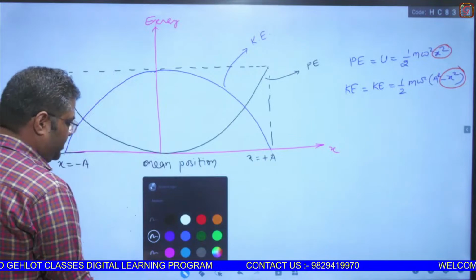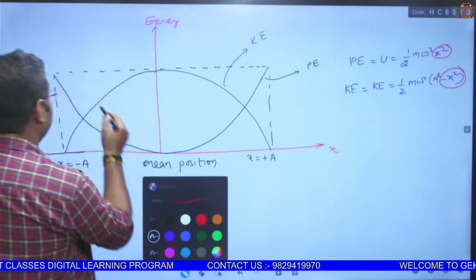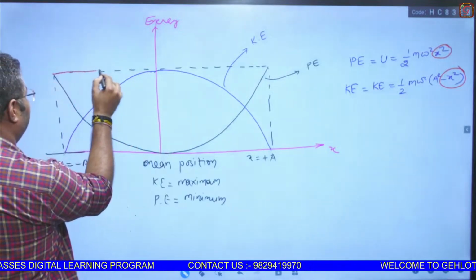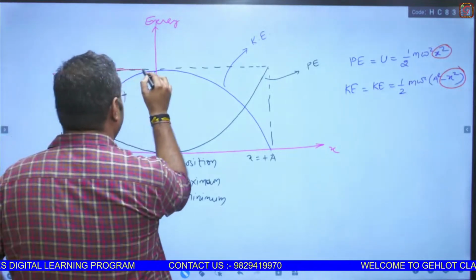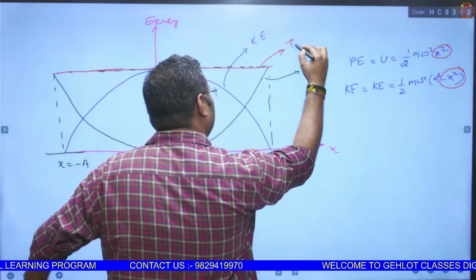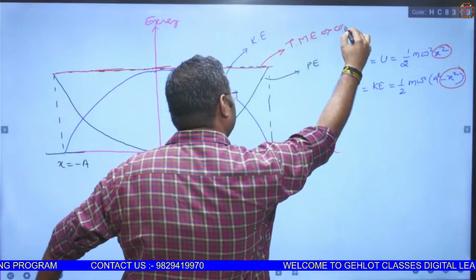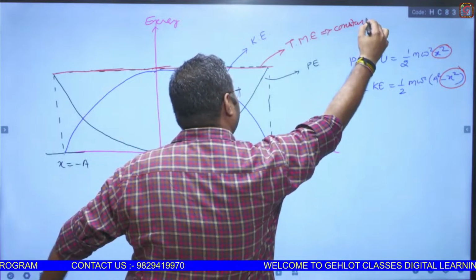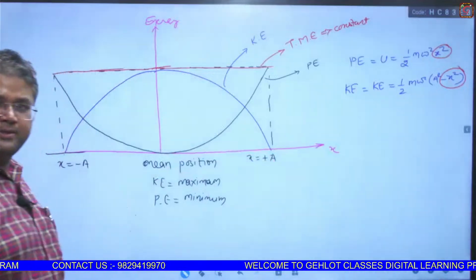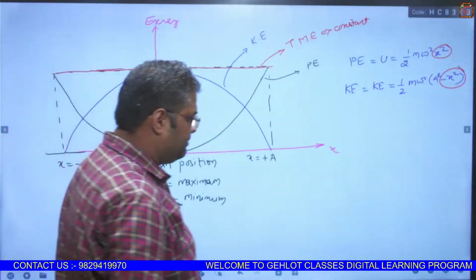And if we draw the total mechanical energy, the graph of total mechanical energy will look like this. So this is total mechanical energy, and which is constant. Is this okay? So we have discussed all the important things.